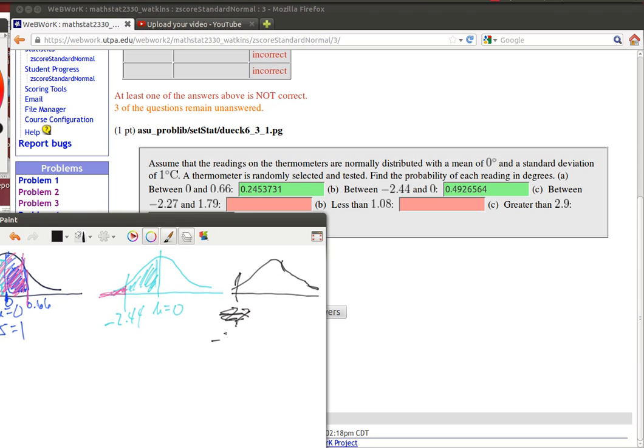And we want to go up to 1.79. So what we're going to do is find the area to the left of this, which will be too much because it goes back here in this tail as well. And then we're going to come back and find this tail, this area down here in this pink part, and subtract it.